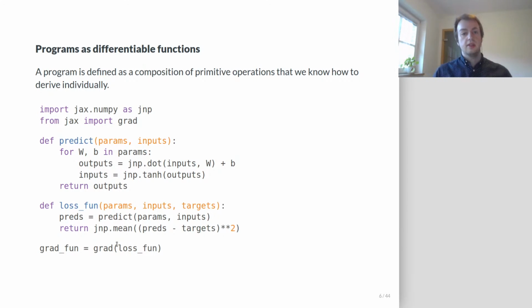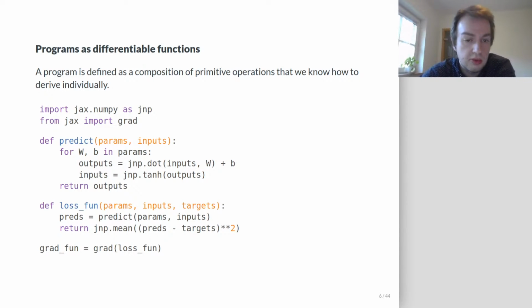All right. So the first important concept you should try to keep in mind is that a program, when you look at it, like this piece of Python code written in JAX, which is a library in Python which you can use to write differentiable programs.